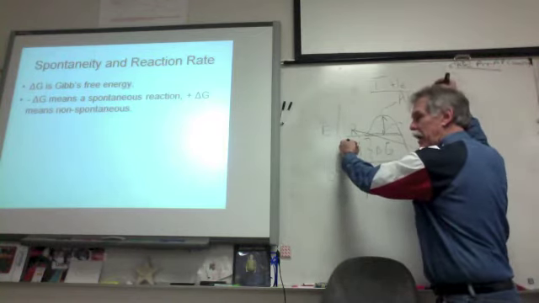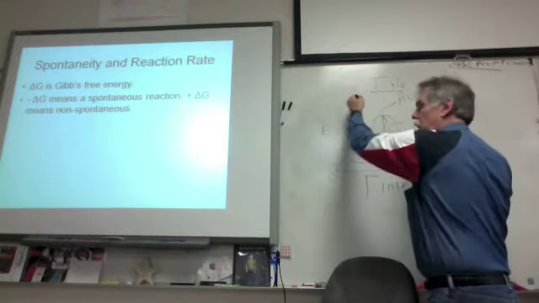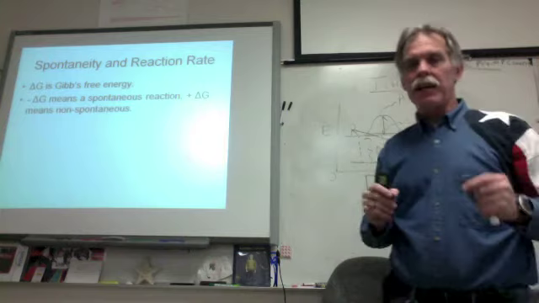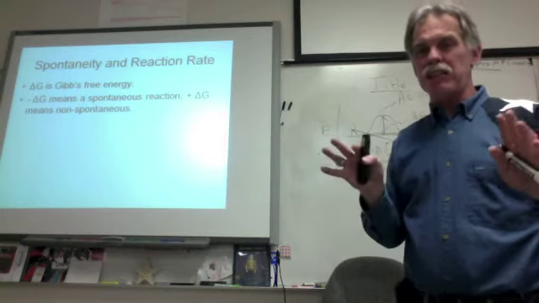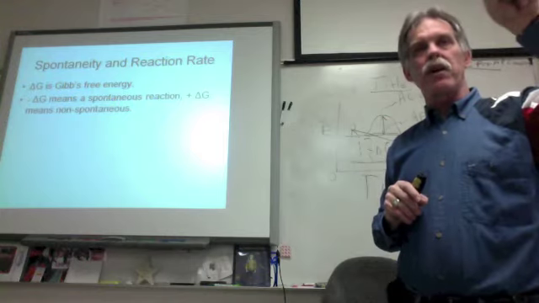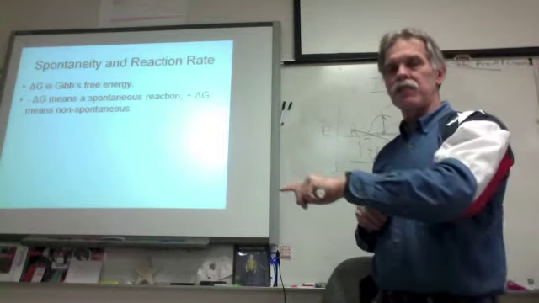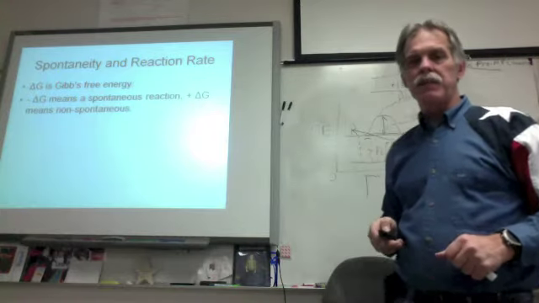That is positive, will not be spontaneous. Start high and go low will be spontaneous. Easiest way to do that, especially if you have lots of humps in the reaction, is to put your finger on the reactant and then go to the product. If you're going downhill, negative slope, spontaneous.